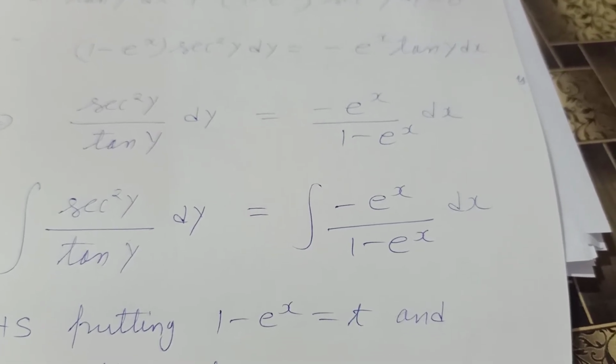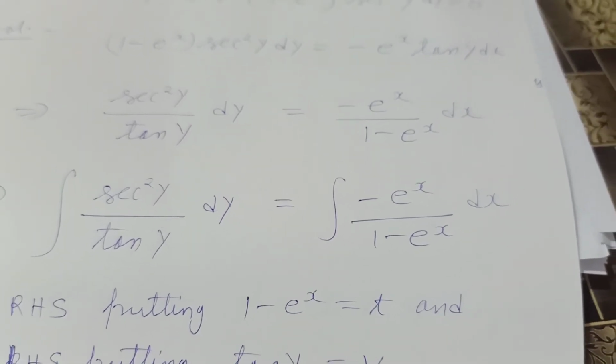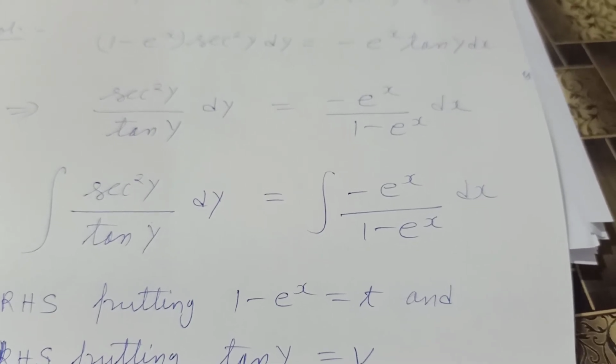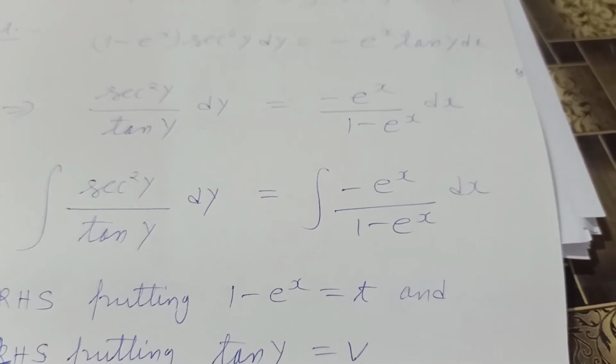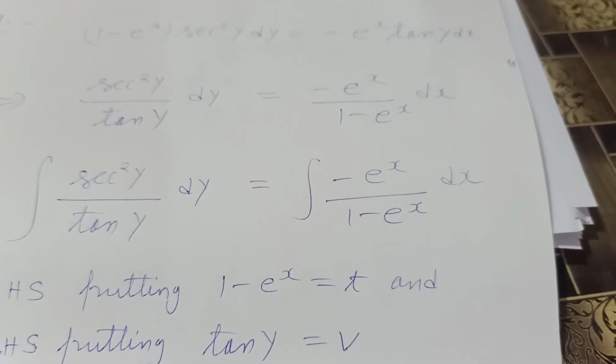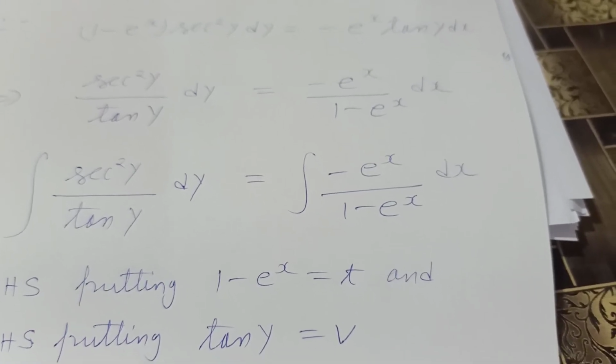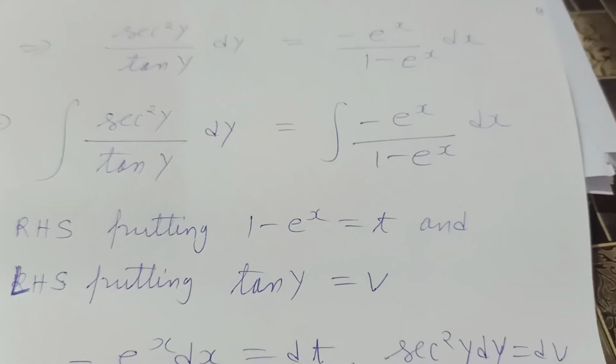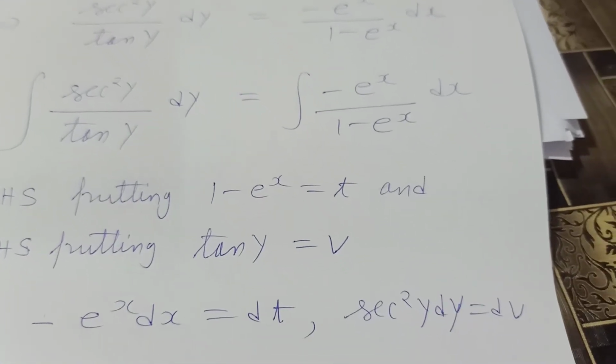Now we will integrate both sides. So in LHS we can see that if we put tan y equal to v, we will get sec square y dy equal to dv. And in RHS if we put 1 minus e raised to x equal to t, then we will get the numerator, that is minus e raised to x dx equal to dt.